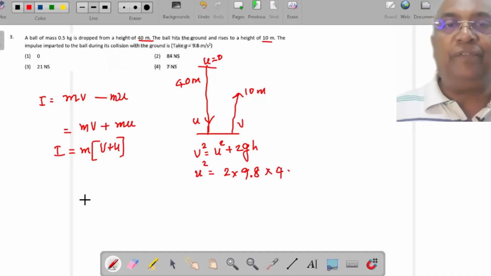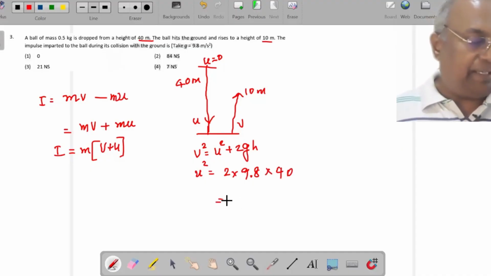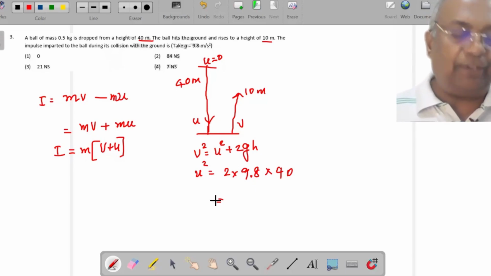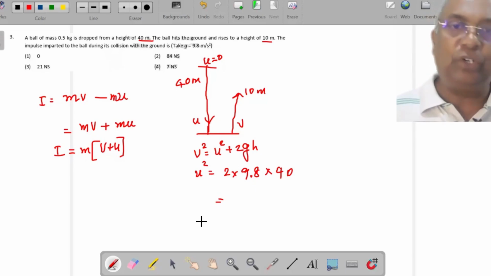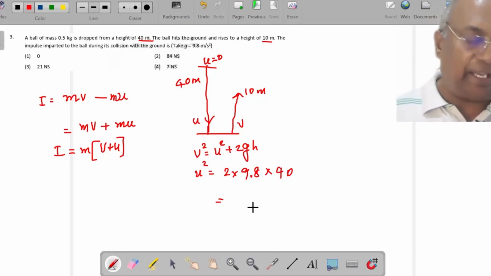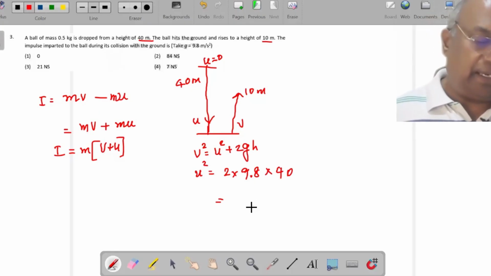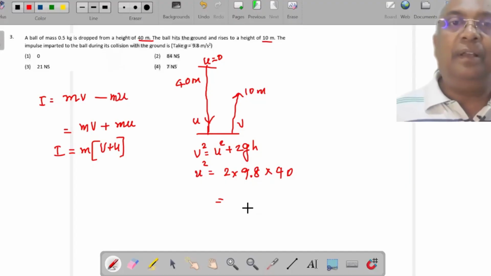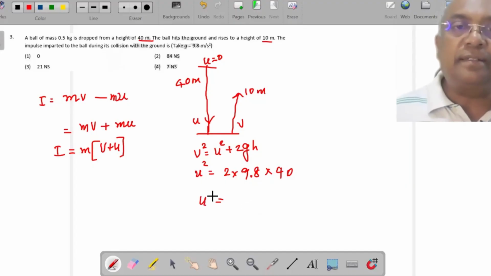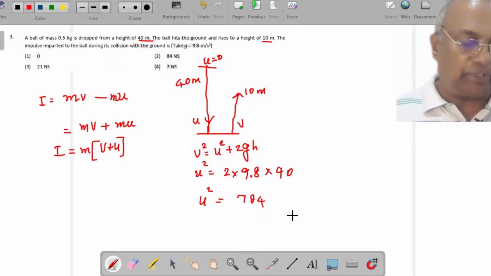H is nothing but 40 meter. So 80 into 9.8 gives 784, so v squared is 784 meter per second, the whole squared.